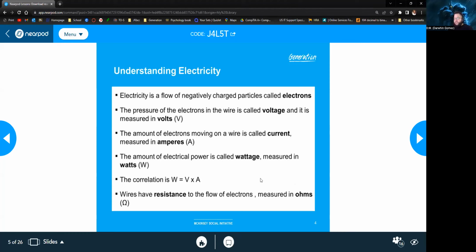This is measured in ohms, and it looks kind of like a horseshoe. It's the omega symbol. Thanks. So these are key. This is probably a good slide to take a screenshot of, so you can remember the definitions for all these terms.